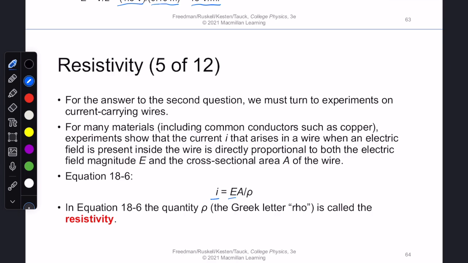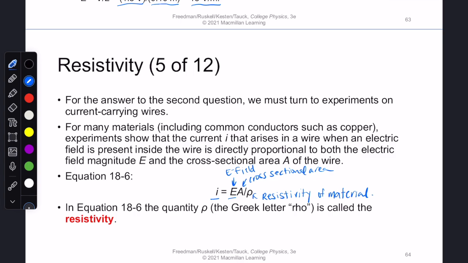The current is related to the electric field times the cross-sectional area of the wire divided by this guy, who is rho. And this is the resistivity of the material that the wire is made out of.